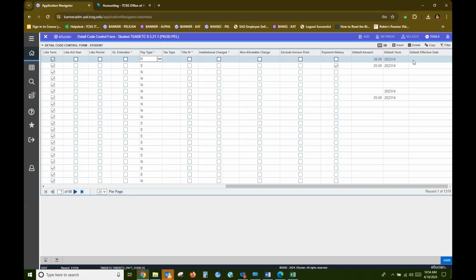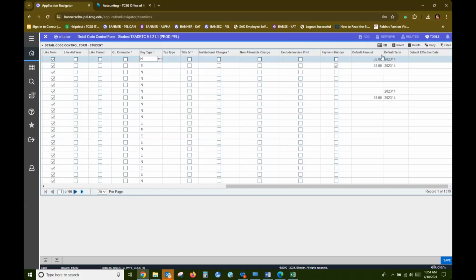So that's why we say that the TSA DET form should be limited, because it could affect everyone in your area, but it could affect a whole lot of people in financial aid and return to Title IV calculations. So when you use default amount, default term, and not that, but this, I would say don't use this. But these two, a lot of colleges use.